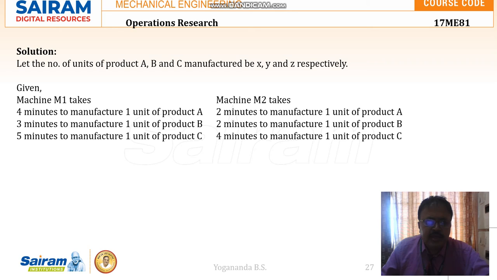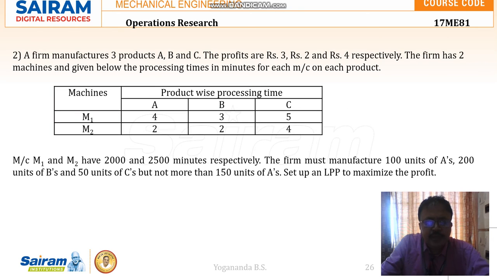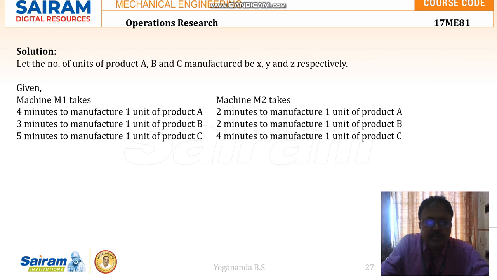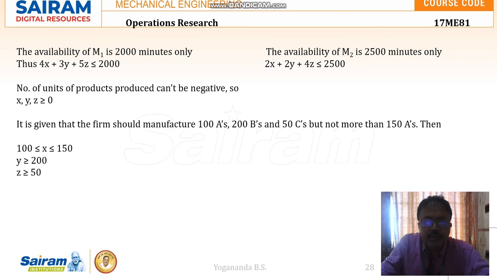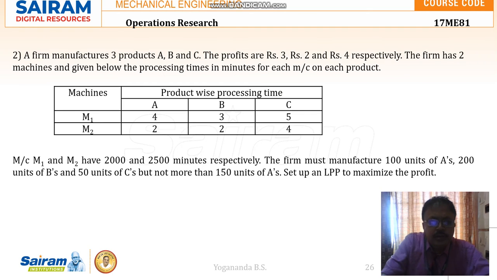The constraints are like this. Machine M1 takes 4 minutes to manufacture one unit of product A, 3 minutes on product B and 5 minutes on product C. So that is written here for machine M1. Similarly, machine M2 will take 2, 2 and 4 as said in the second row: 2 minutes on product A, 2 minutes on product B and 4 minutes on product C for each unit of these three different products.